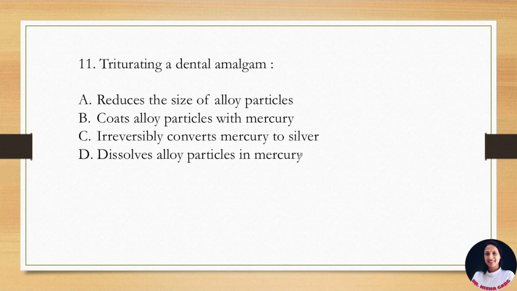If we see the purpose of trituration, the purpose is to remove the oxide layer from the alloy particles so as to coat each alloy particle with mercury, which results in a homogeneous mass for condensation. So if we look at these choices, answer B is the correct option. Trituration helps in coating the alloy particles with mercury by removing the oxide layer from the alloy particles.